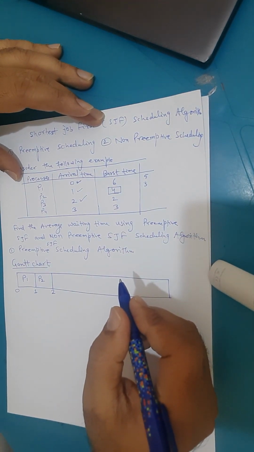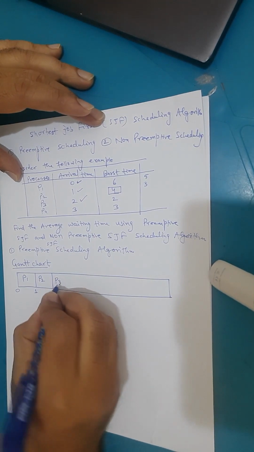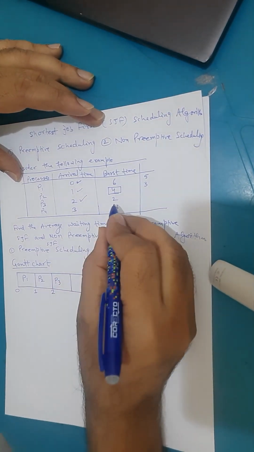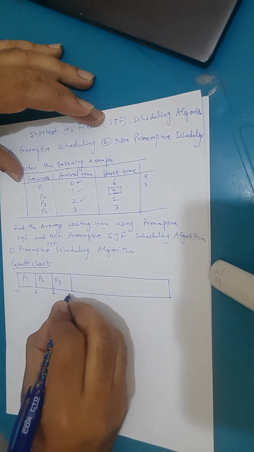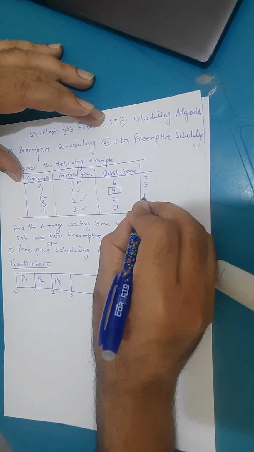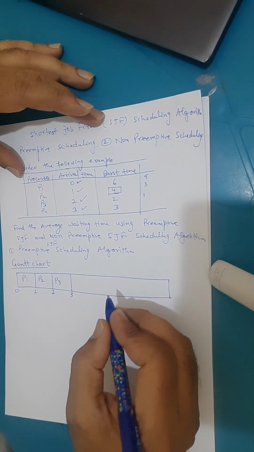Now P3 will start to execute, and P3 will execute up to one time. At 3 there is another process entering the system. So the remaining time for P3 is 1. Now P4 enters into the system.